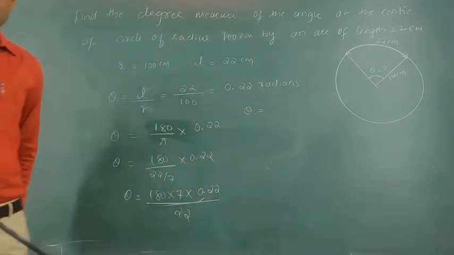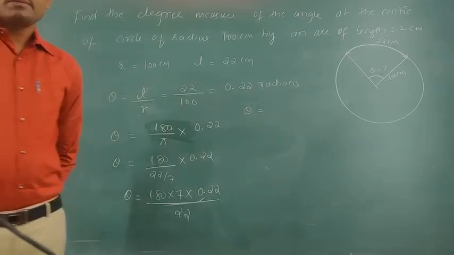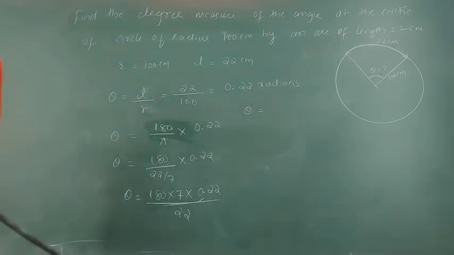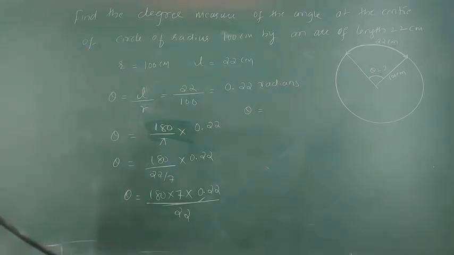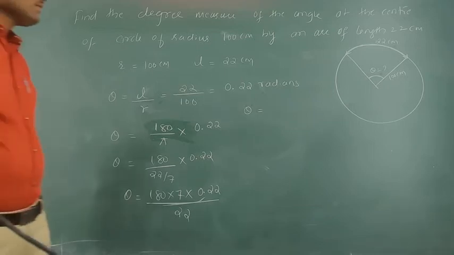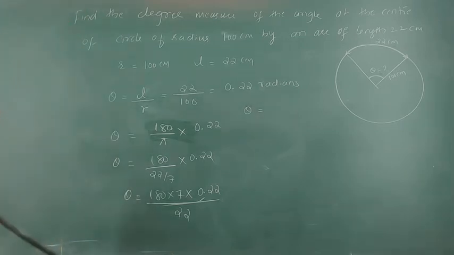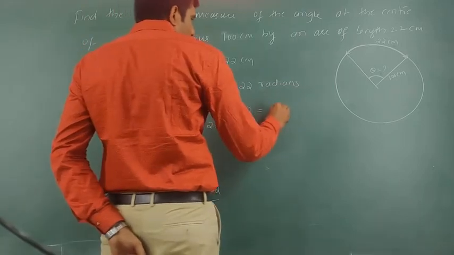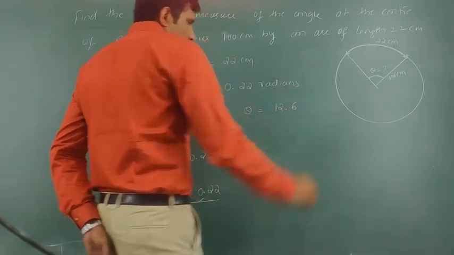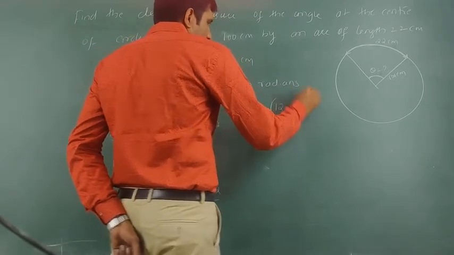Use the calculator and tell me the answer. 180 into 7 into 0.22 by 22. 12.6. Only this much, 12.6 degrees.